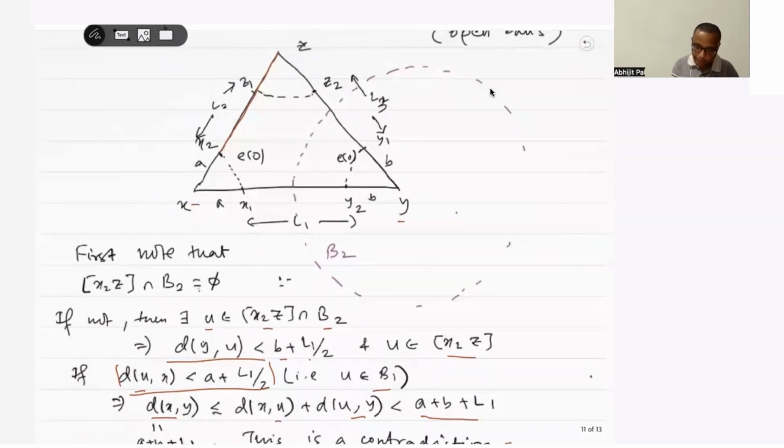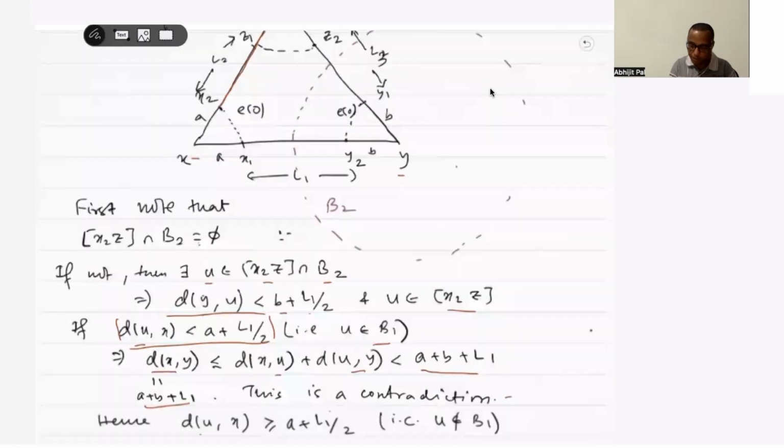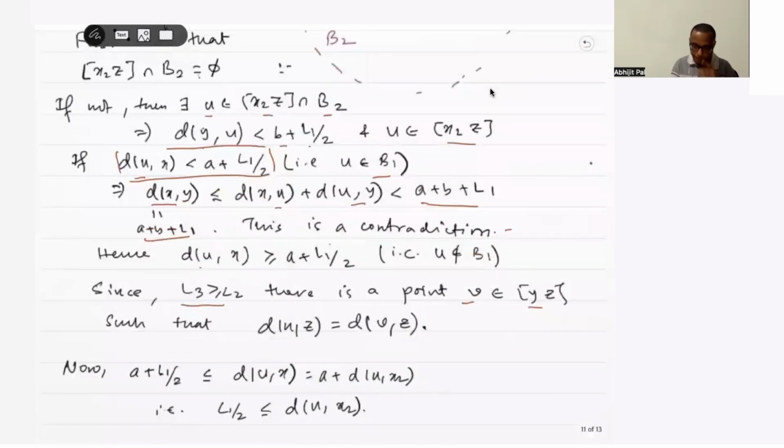So note that U lies here on this geodesic, and I get a point V here on this geodesic, such that the distances from Z to U and from Z to V are the same.